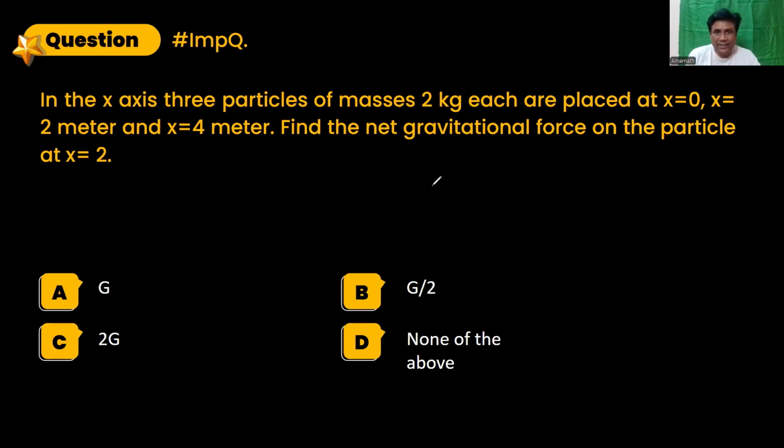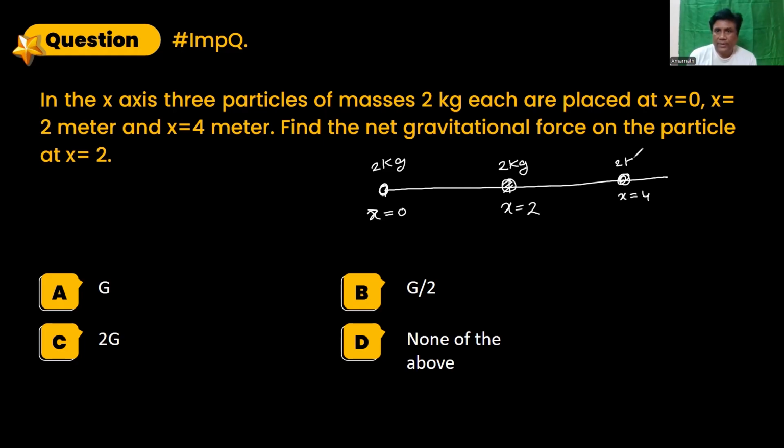If I draw the situation again, at x equal to 0 we have 2 kg. This is x equal to 2. Here also we have 2 kg. This is x equal to 4. It is also 2 kg.